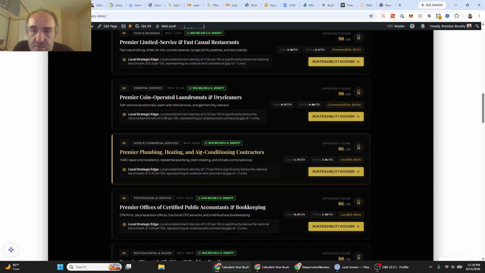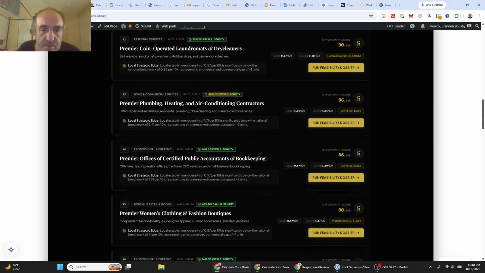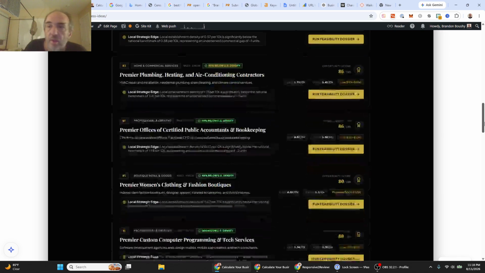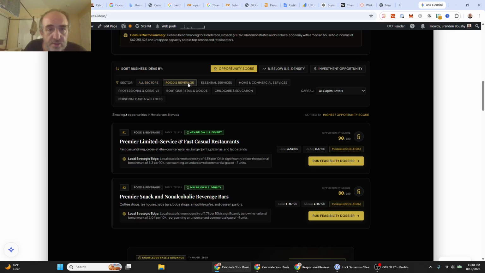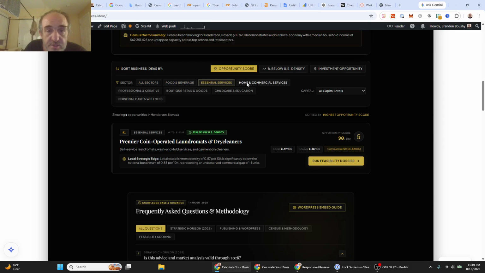And as you can see, it's got a much lower local density than U.S. density. So then you can also sort these by if you're interested in food and beverage or essential services like laundromats.